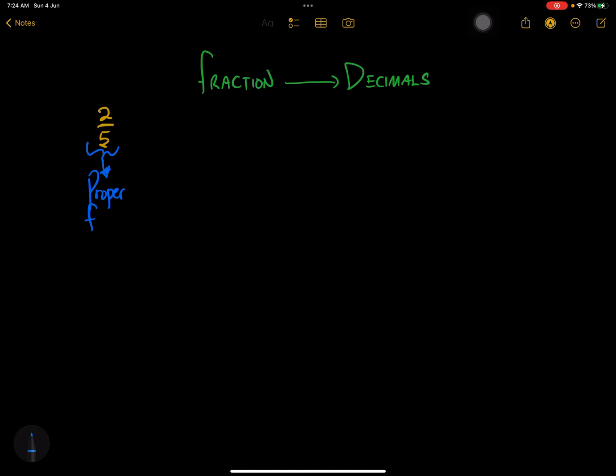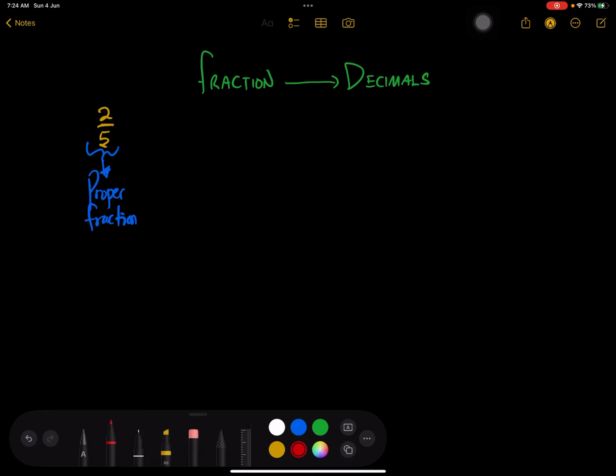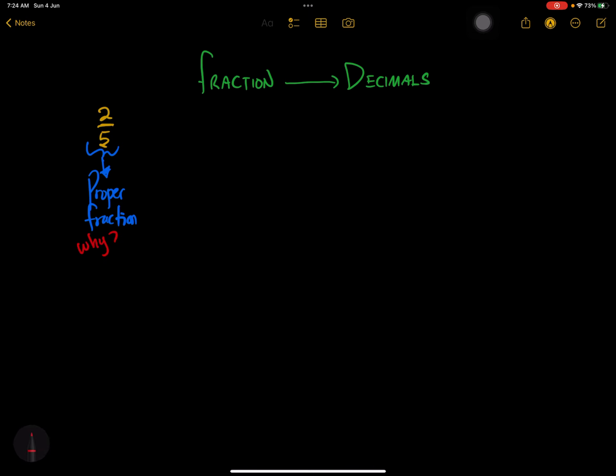And why is it so? It is so because the numerator, which is 2, is less than the denominator, which is 5. That explains why 2 divided by 5 is a proper fraction.